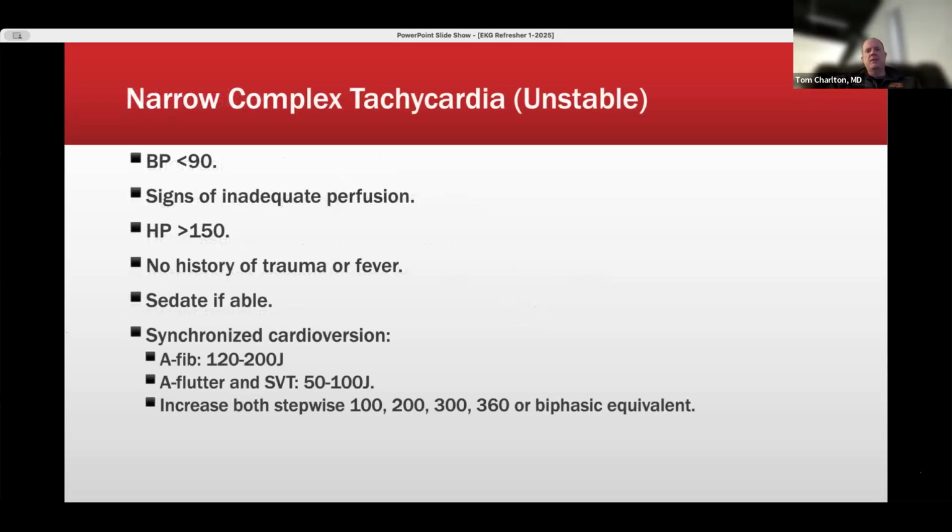All right. So if we have somebody that's having narrow complex tachycardia and they are unstable, it's important that we get a history of if they're having trauma or fever. Trauma is going to cause us to have tachycardia. That's a normal response, as will sepsis and a fever.